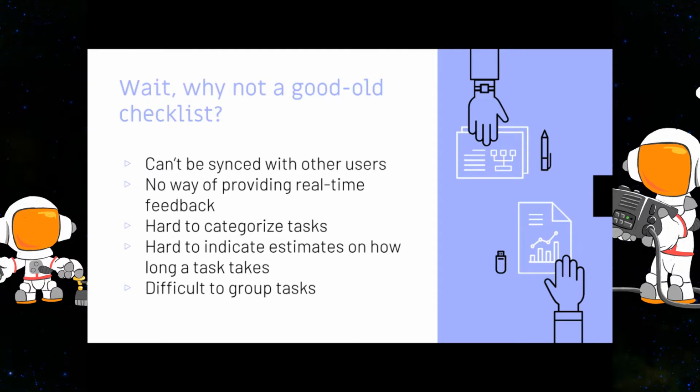So, a lot of these task managers have a commenting system inside each of these tasks. That's kind of useful. Checklists make it hard to categorize tasks. The only way you can tell a task is completed or not is you just cross it out. But a couple of things that you can do potentially with these sort of tools is tell what state a task is in. It's hard to indicate estimates on how long a task will take, and there are difficulties in grouping them.